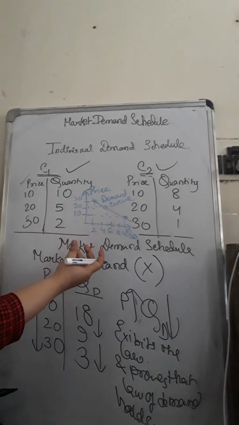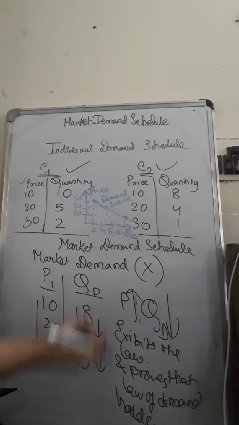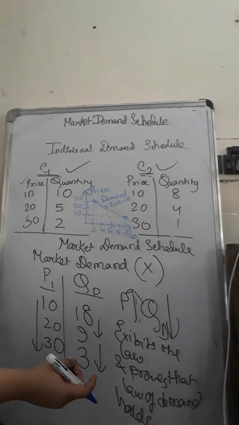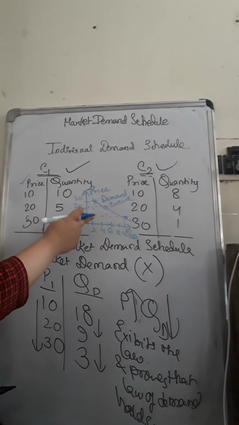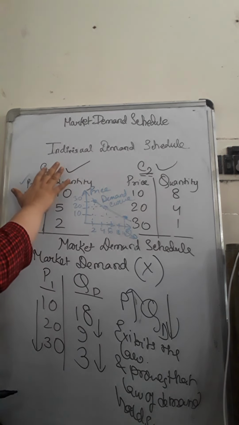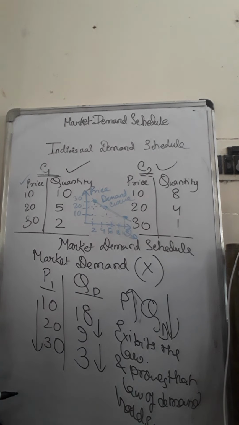Plotting the points and taking a proper scale is very necessary. You need to know what should be present in both axes, price where, quantity where, and plot it, and you get the graphical representation. This is the individual demand curve of consumer 1.